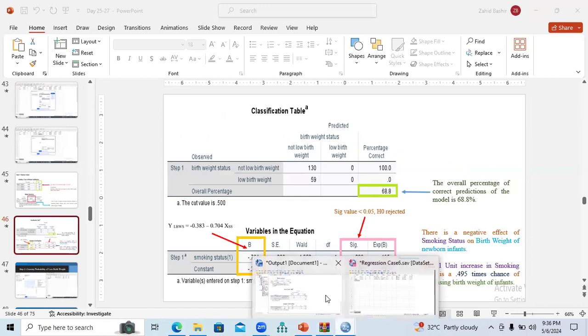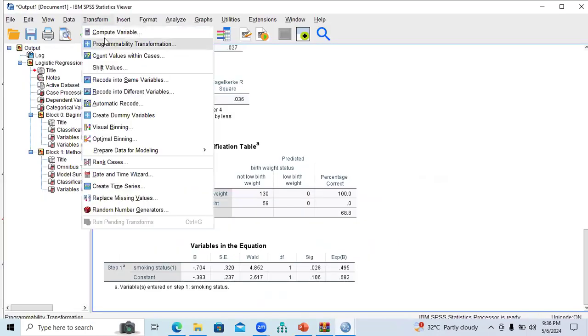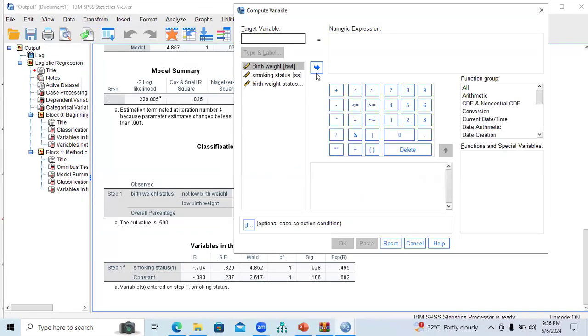We go to Transform, Compute Variable, and name it Z distribution. So we can place here minus 0.383.